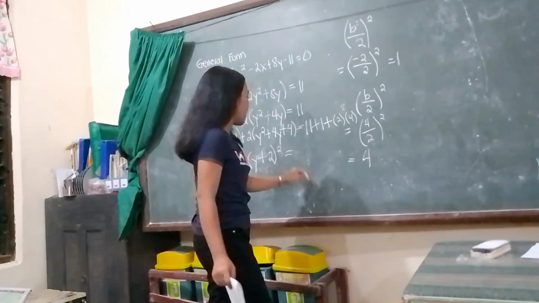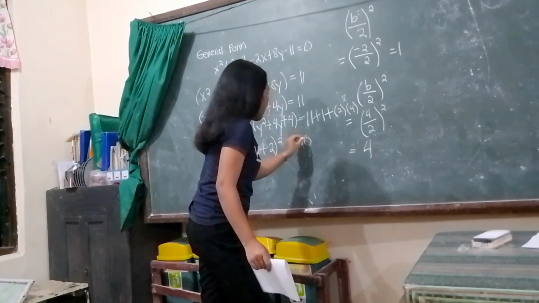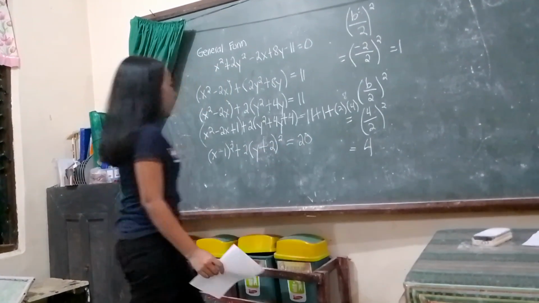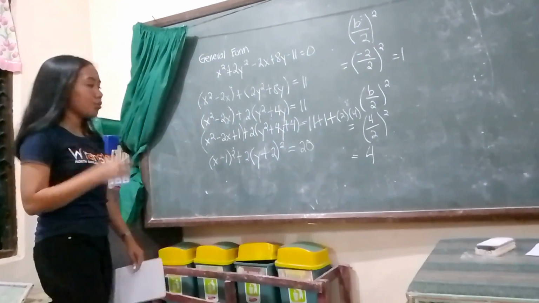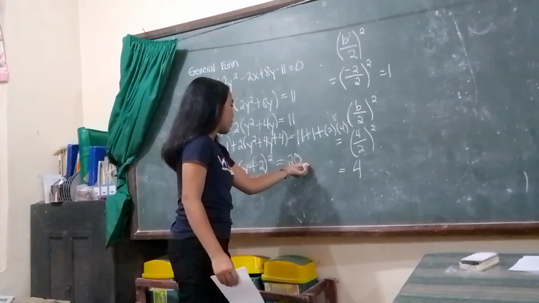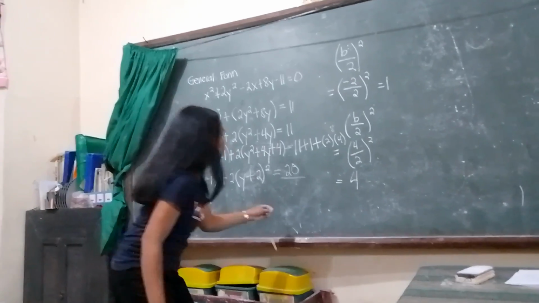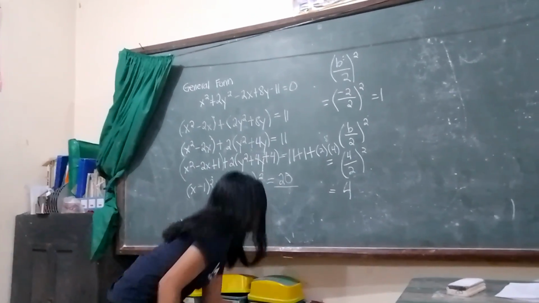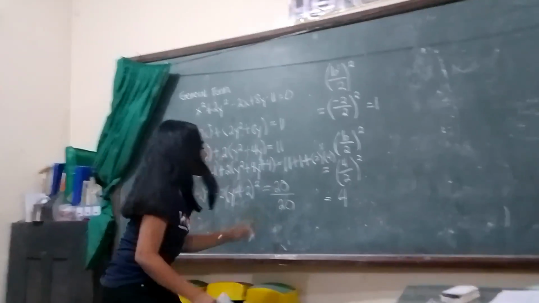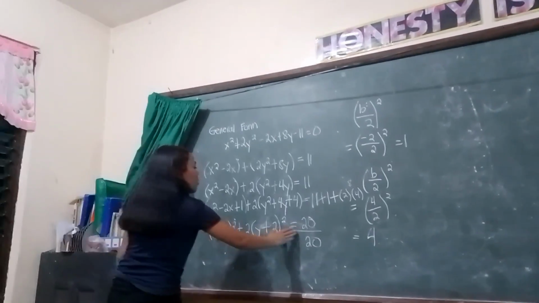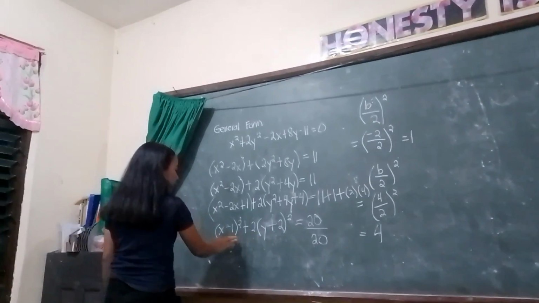We have 20. Okay. And to equate it into 1, we have to divide it by 20. And since we divide it by 20, we also need to divide both sides by 20.